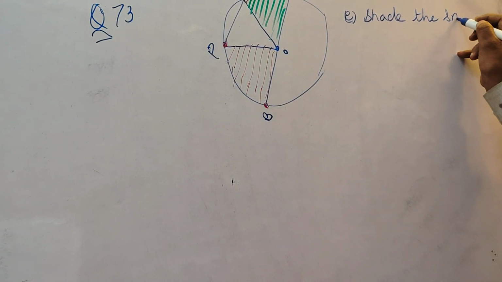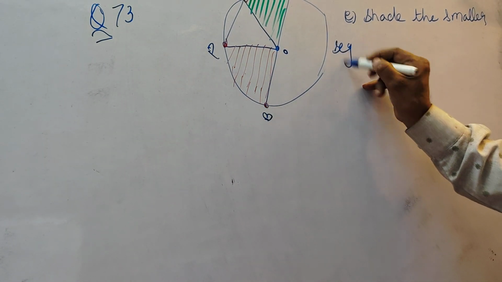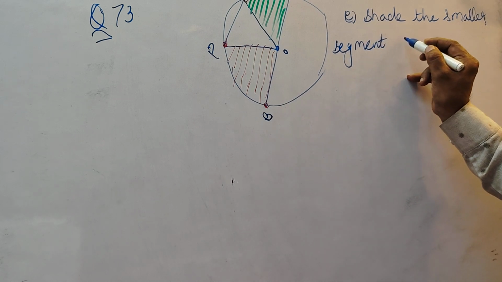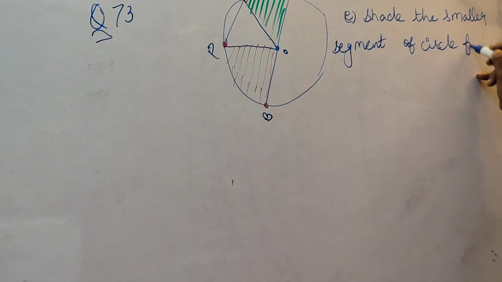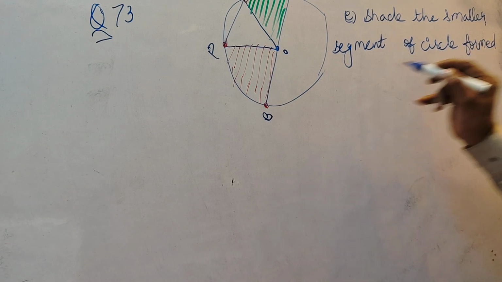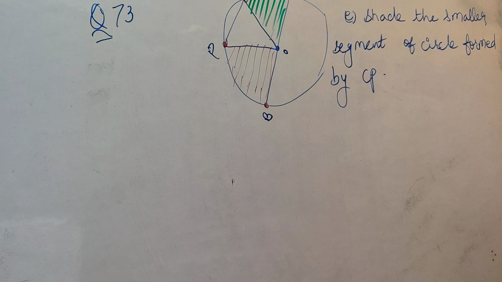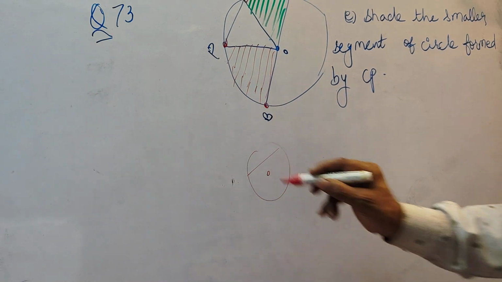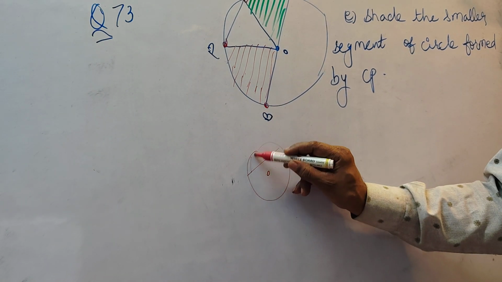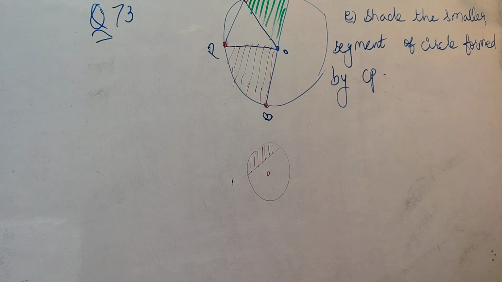A chord divides the circle into two segments.